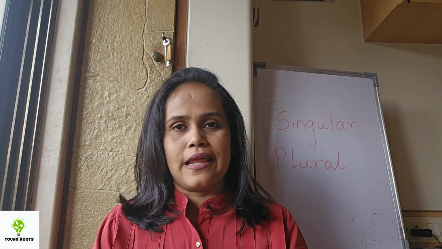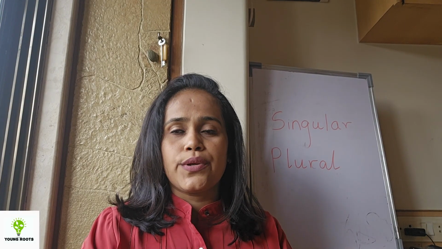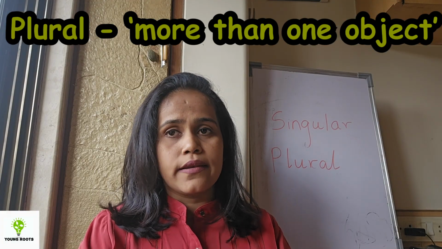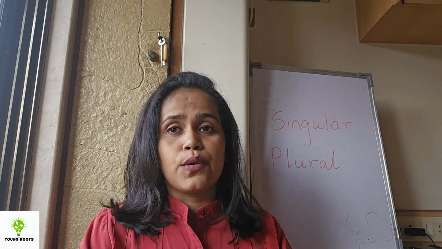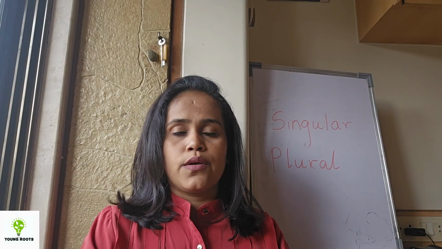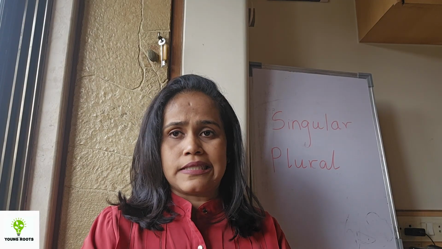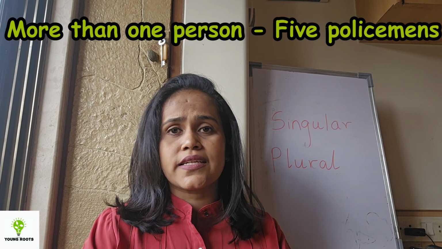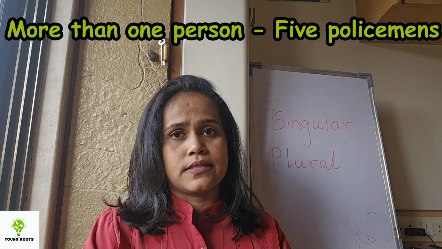Okay, now let's go to plural noun. Plural noun is when the object is more than one, then it is plural. For example, more than one person, we can say 5 policemen. Understand? You say 5 policemen.